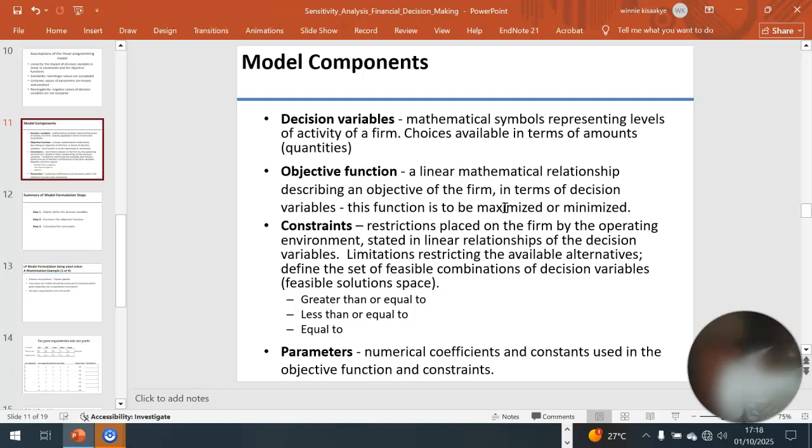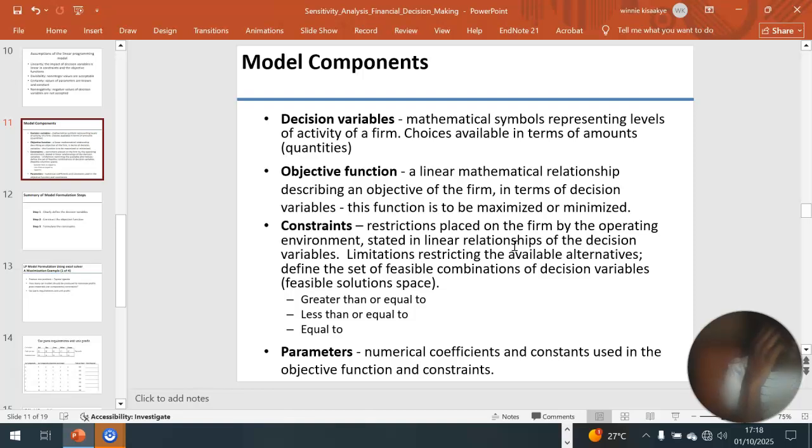Okay, another component, we have the constraints. Constraints are basically limitations. You can call them restrictions that are placed on the farm by the operating environment. So they are basically those limitations that restrict the availability of resources, as in how feasible the solution is as compared to our available resources.